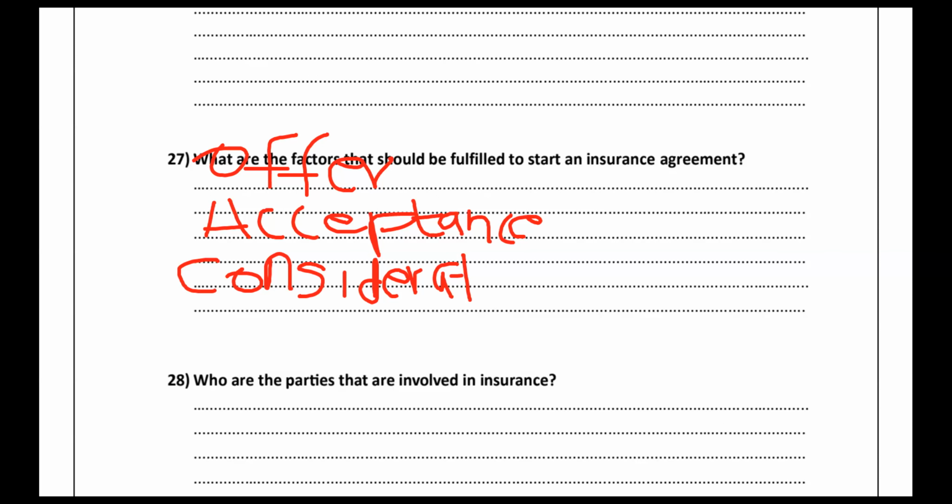So this insurance company should be registered in the insurance board, and they should possess an insurance license. That is the ability or capacity that the insurance company should have to bind with the legal contract.